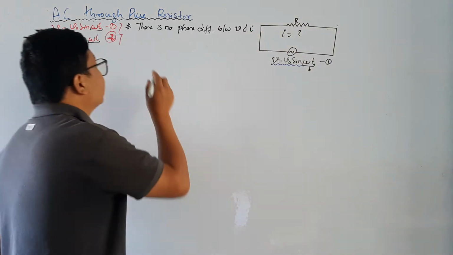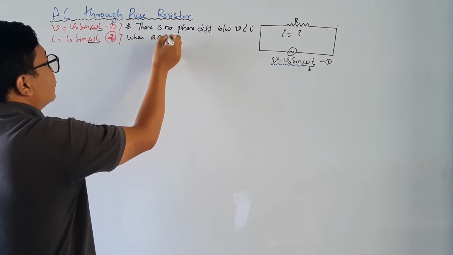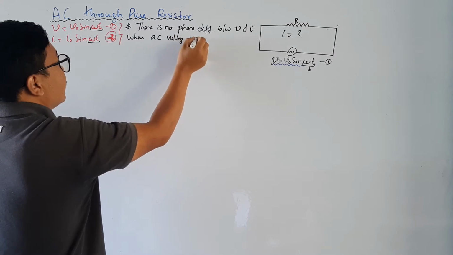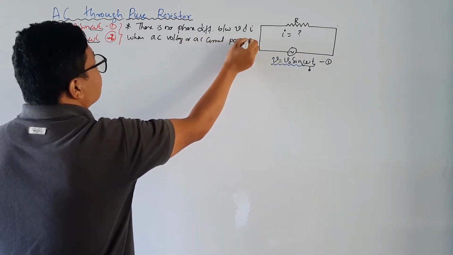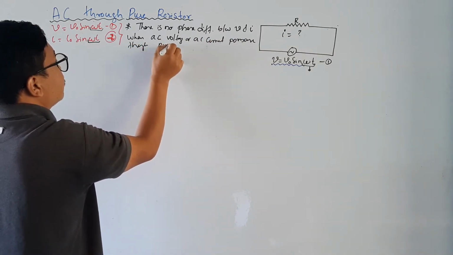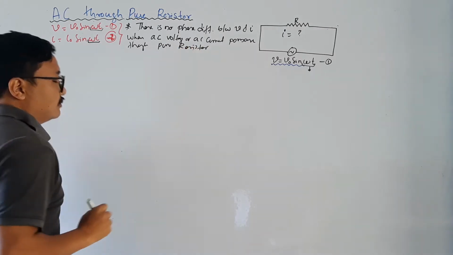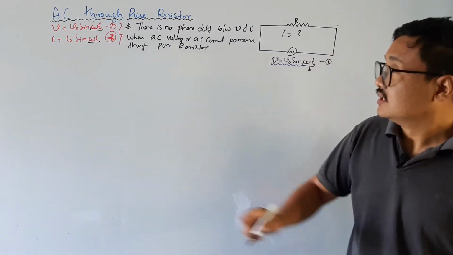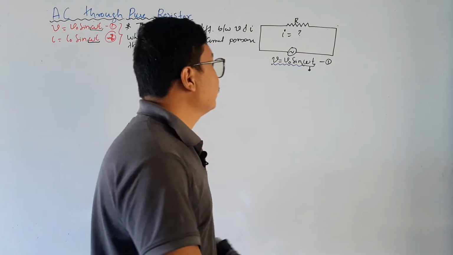When alternating AC voltage or AC current passes through a pure resistor, this is a very important point: there is no phase difference between current and voltage.